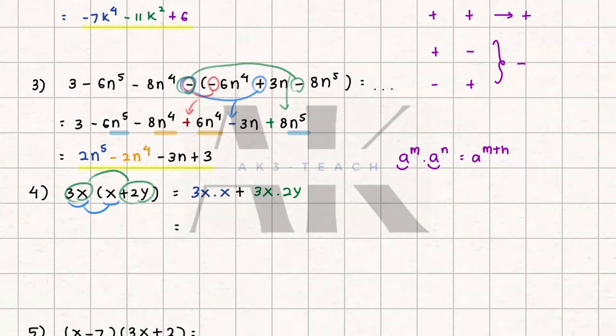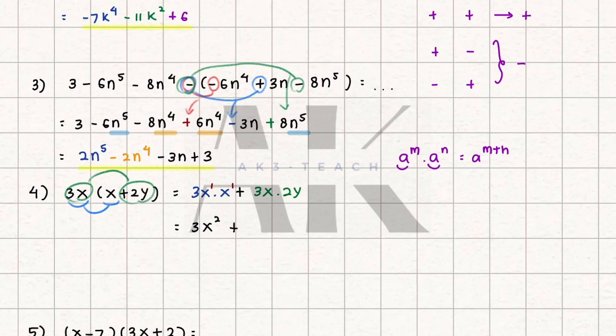In that case, you're not actually writing it down, but 3x is actually 3 times x to the power of 1. We never write the power of 1. You just assume that it is when nothing is written. So in this case, what do we have? 3x to the power of 2 from 1 plus 1.